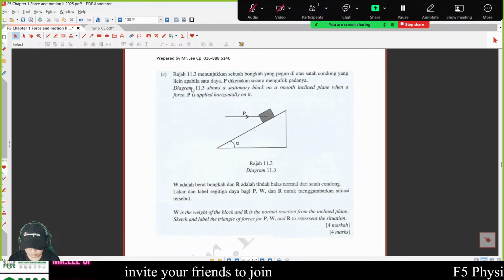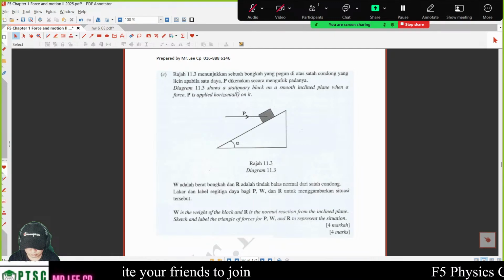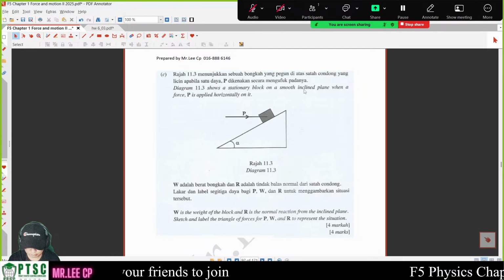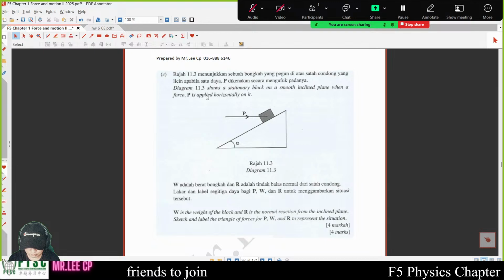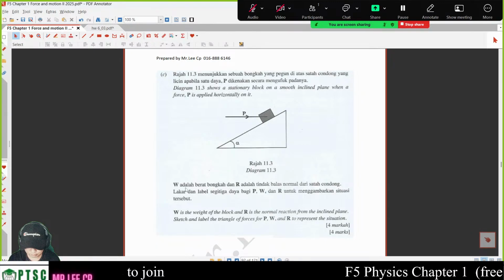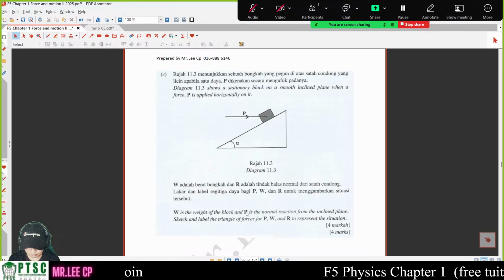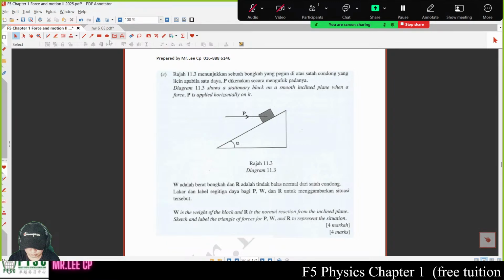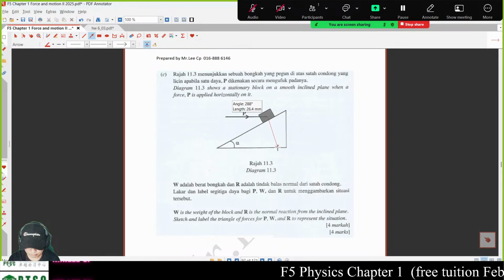Next one. Diagram 11.3 shows a stationary block on a smooth inclined plane when the force P is applied horizontally on it. W is the weight of the block and R is the normal reaction. So I am going to put it in since they are asking already.